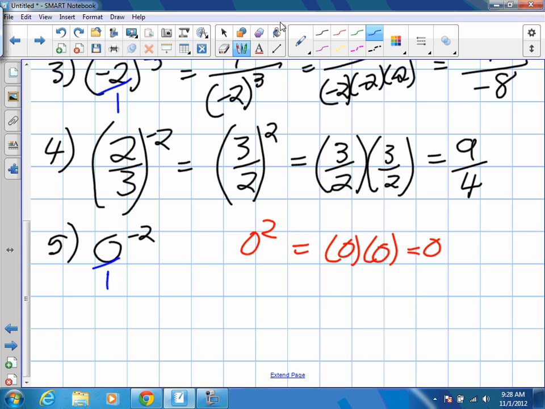But when we go to flip this to make this positive, it becomes 1 over 0 to the power of 2. Okay. What is 0 to the power of 2? 0. 1 divided by 0. Anyone know? No. It's undefined. We cannot divide a number by 0. If you were to put this in your calculator, it would probably say error or something like that. But we say this is undefined.